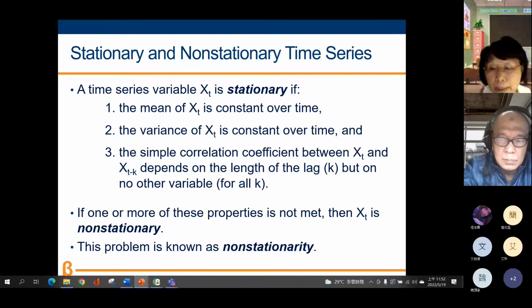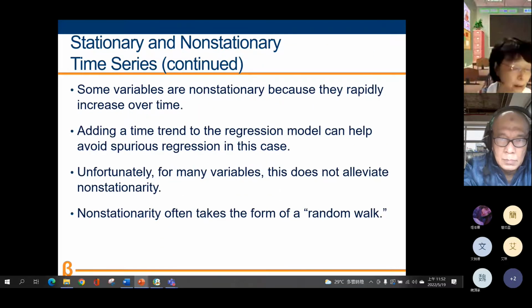And we do know that some of the variables are non-stationary because they increase rapidly over time. In that case, you can add a time trend to the regression model, and that will help to avoid spurious regression.